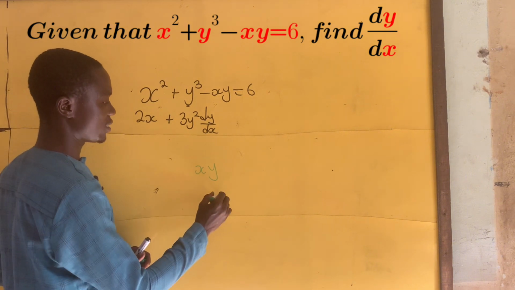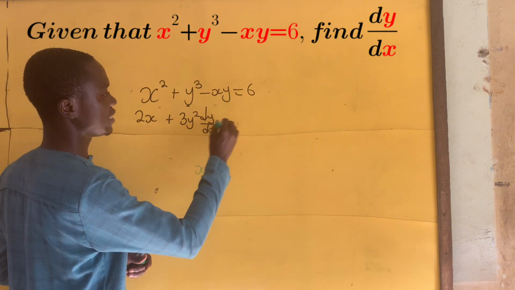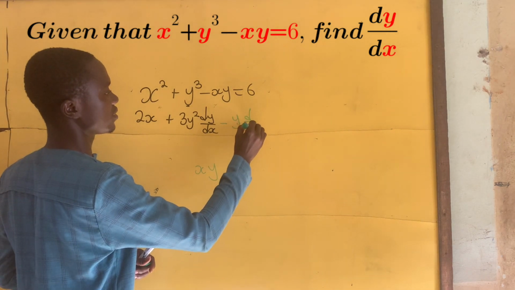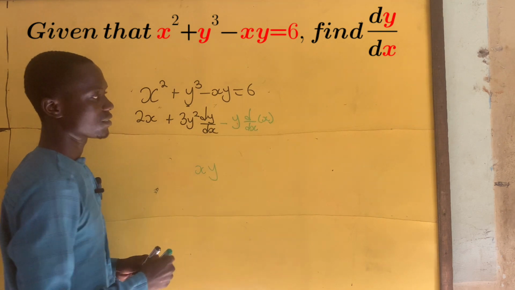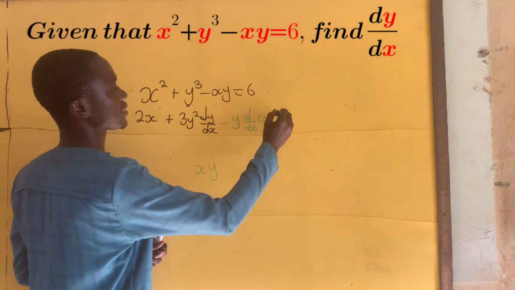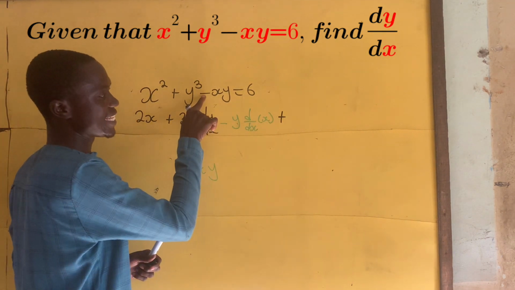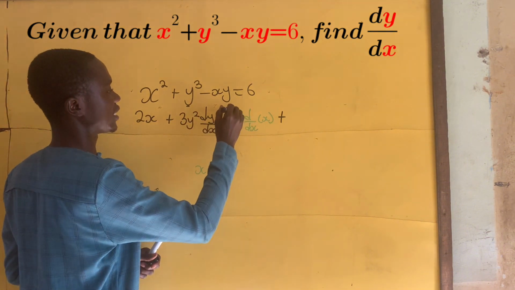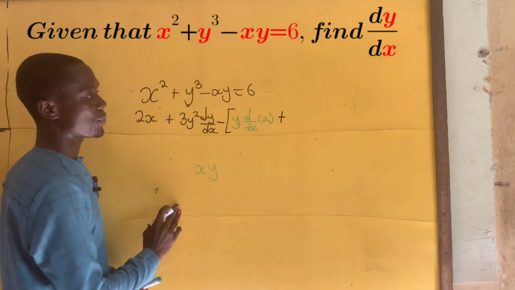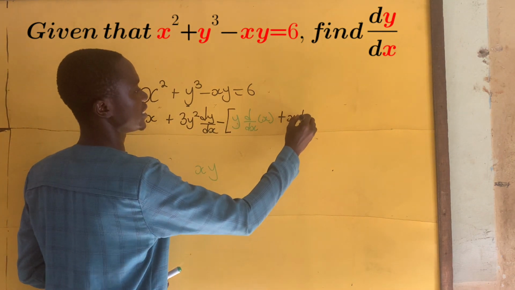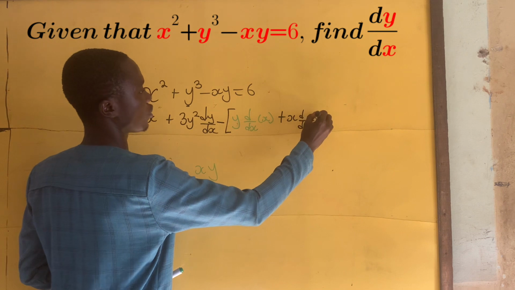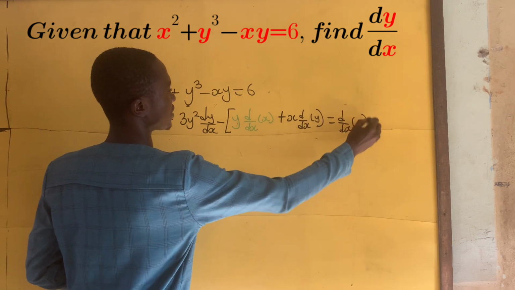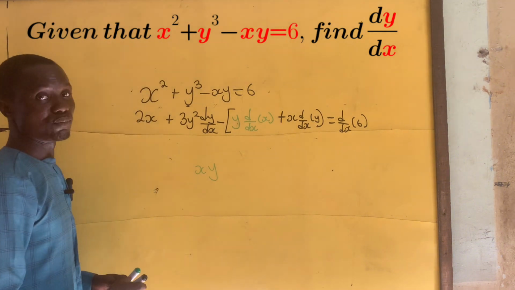So this is the same as writing negative, d/dx of xy, plus, but here is negative, right? So let's put negative here, and then put this in brackets, plus x, d/dx of y, equals d/dx of 6 in a very simple way.